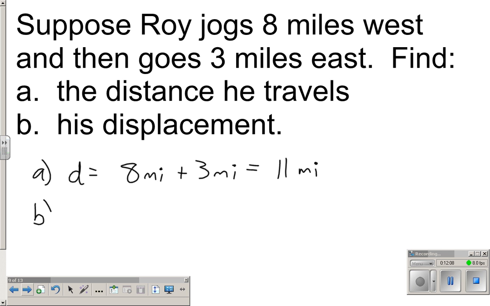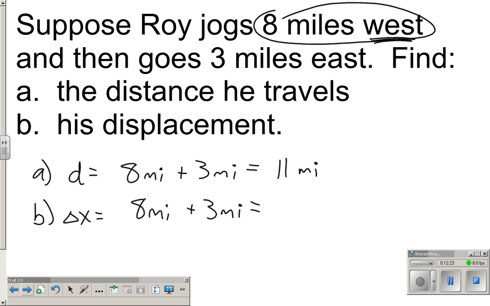All right, part B asks for the displacement, and we're basically going to do the same thing. We're still going to add those 2 numbers, but this time we've got to keep track of our direction. All right? He jogged 8 miles west. And since this is west, remember, west is this way. That's negative, right? East is this way. That would be positive.